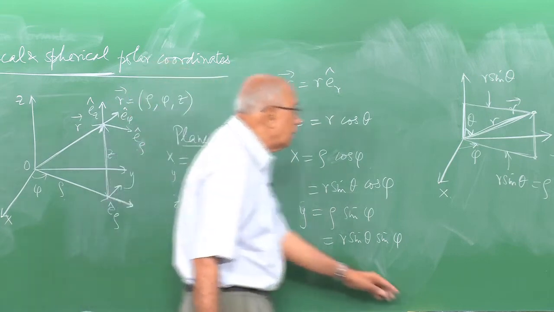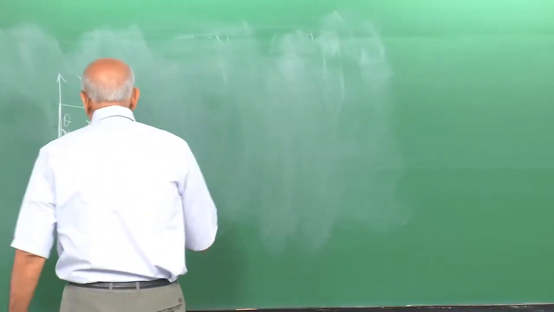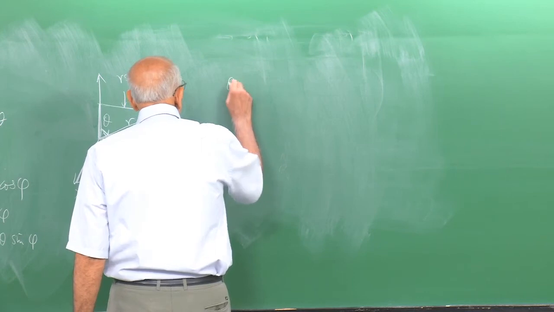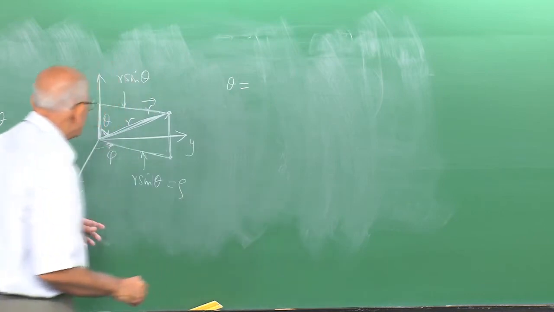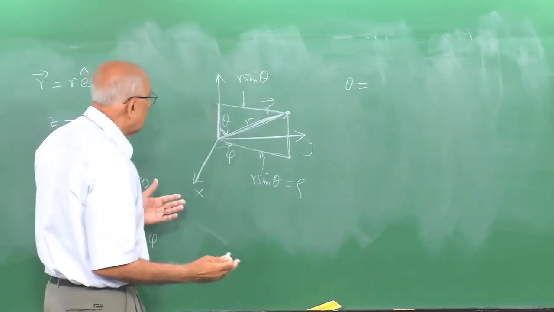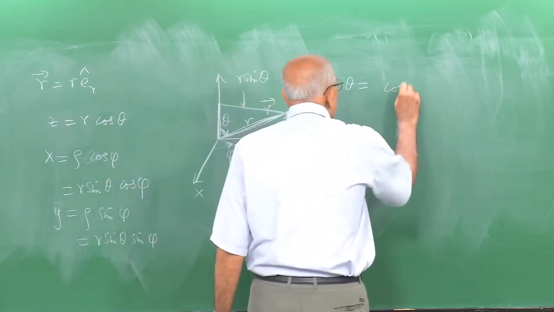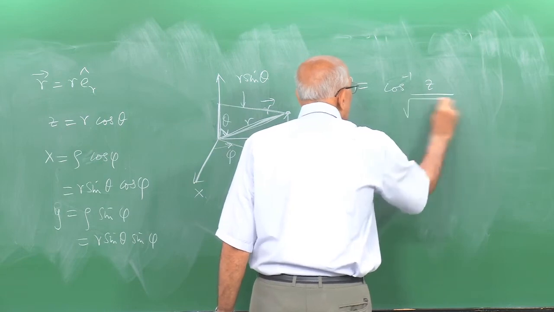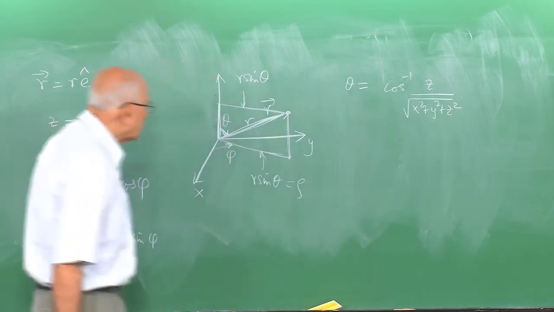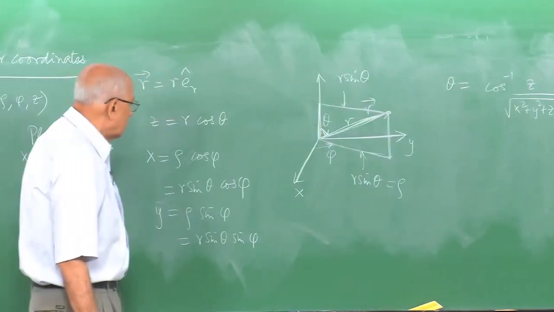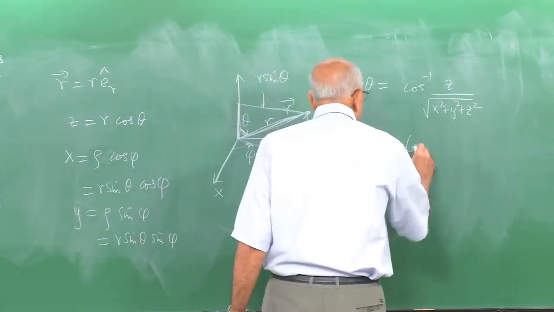Okay. And what are the inverse relations for this? The inverse relations are equally straightforward. It's immediately clear that theta is equal to cos inverse of z divided by r. You can write it in this fashion. You could also write this in terms of tan inverse.